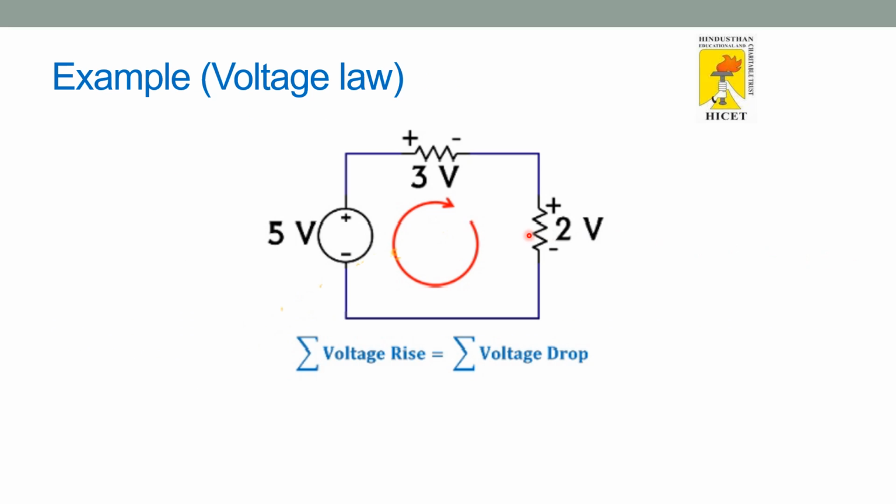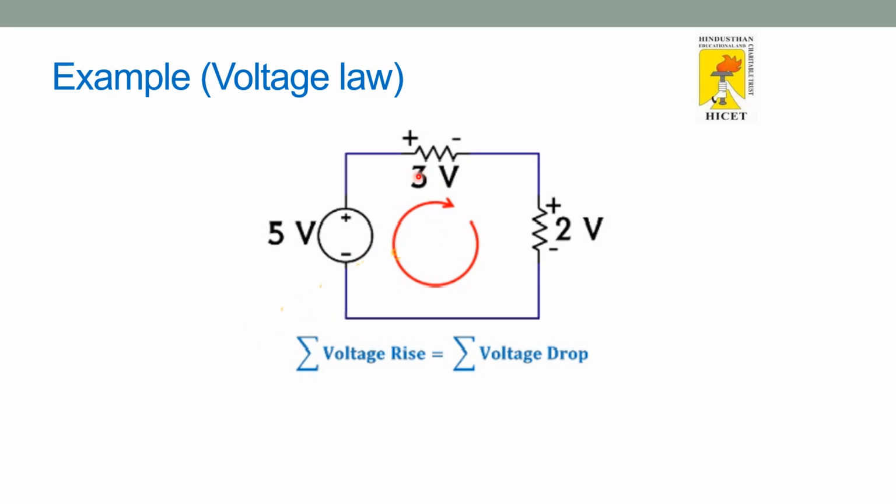For an example, we consider a 5-volt voltage source with 2 resistors. In the first resistor, 3 volt is dropped and in the second resistor 2 volt is dropped. Hence the potential rise is equal to the potential drop.